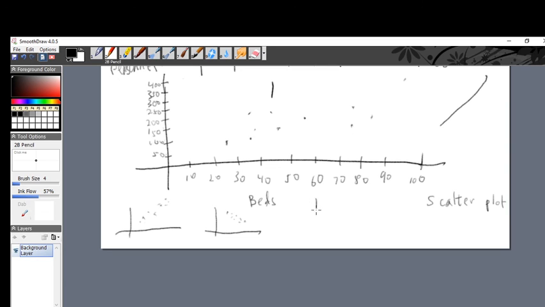But even if something looks like something we're familiar with, like a parabola, it's nice that it's a parabola, but it's not a line, and therefore there's pretty much close to zero correlation between the two. That tells us that there's not much there as far as correlation is concerned.